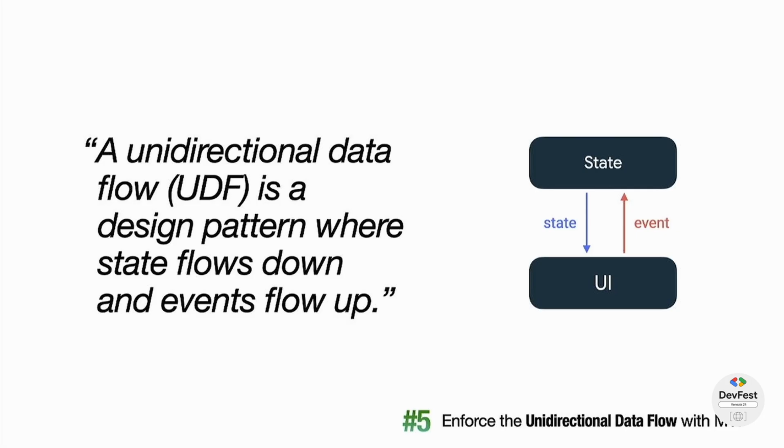Essentially, the state or the data flows down: the state holder, for example the view model, will send the state to our UI, while the UI will send events to the state holder. For example, the UI will let the state holder know when someone clicked on that button, so the state holder can decide what to do. Okay, someone clicked the like button, I call the API, do whatever I need to do, right?